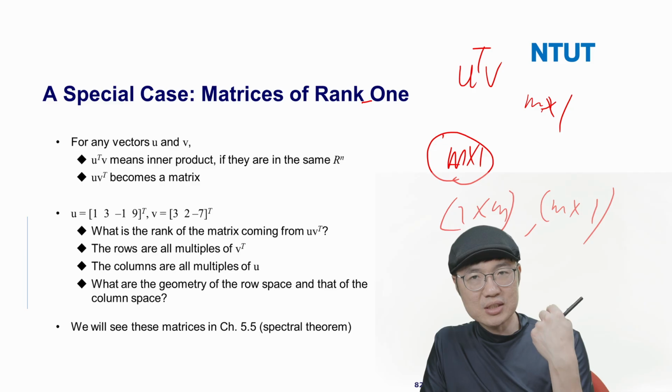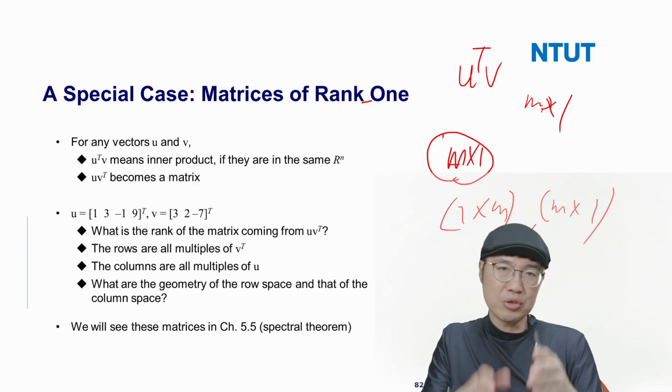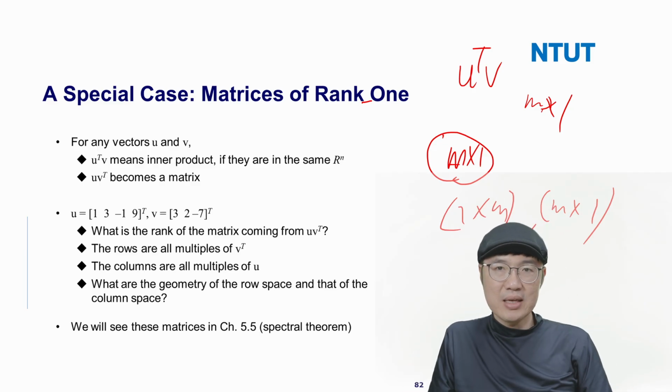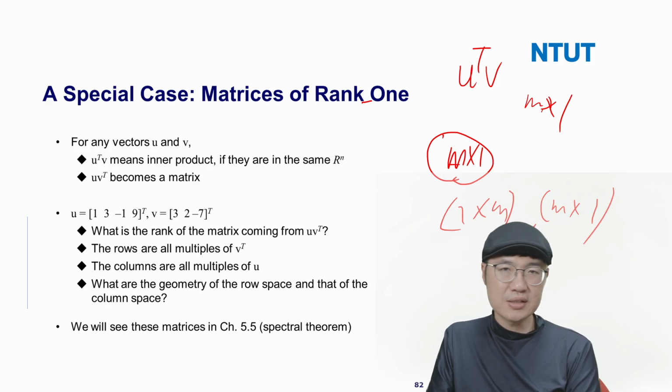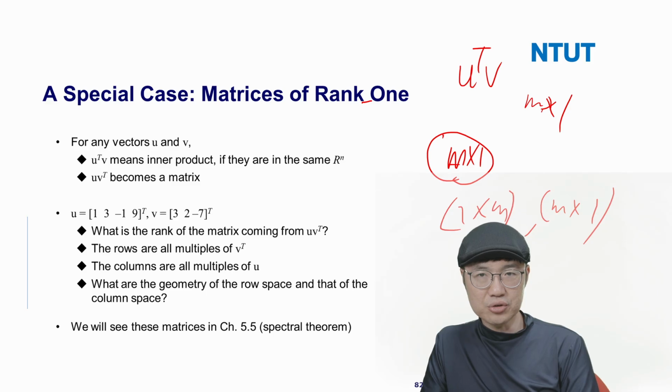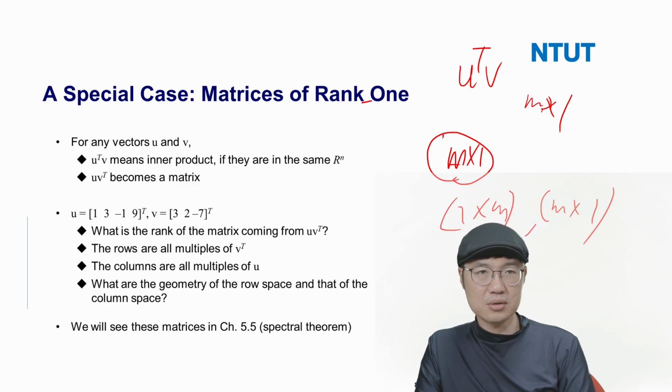And what I just did is to find the inner product between a vector in column space and a vector in the row space. So I have u transpose v as an inner product. You're going to see if the inner product is 0, then the two vectors are orthogonal.